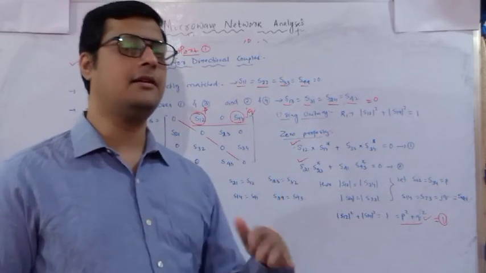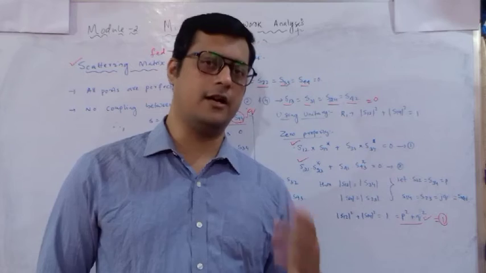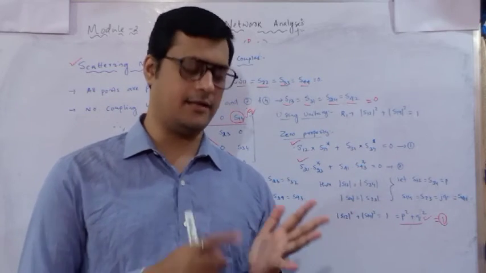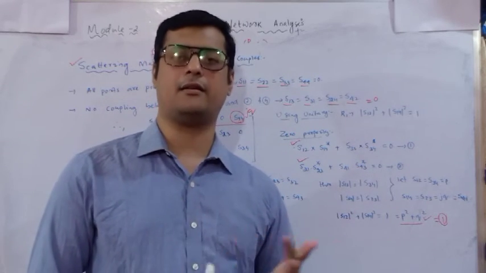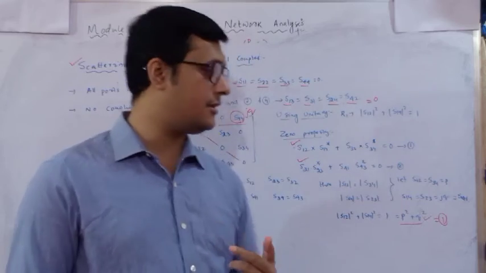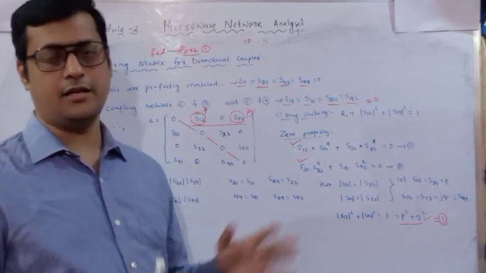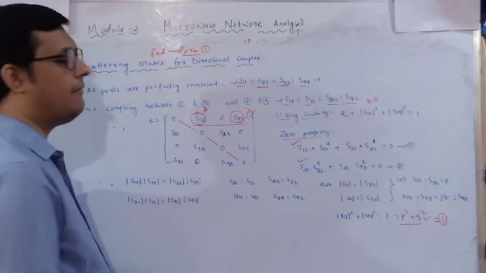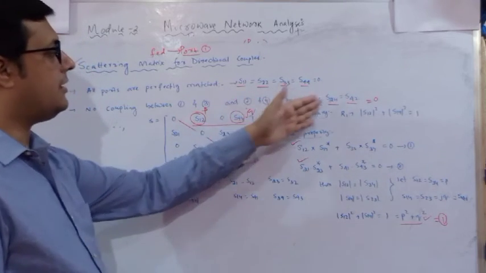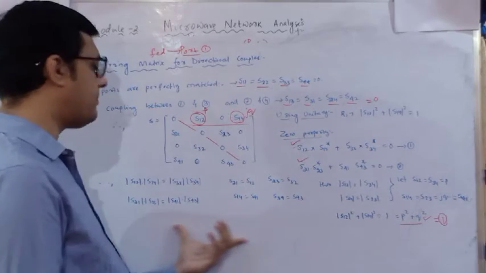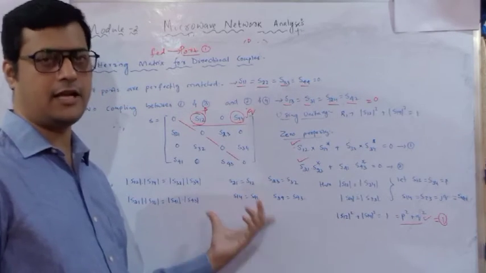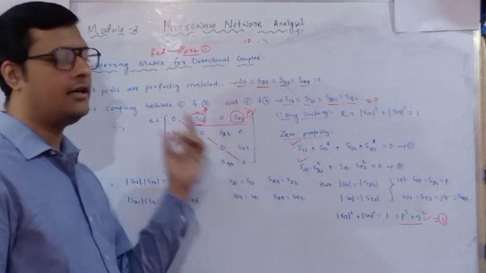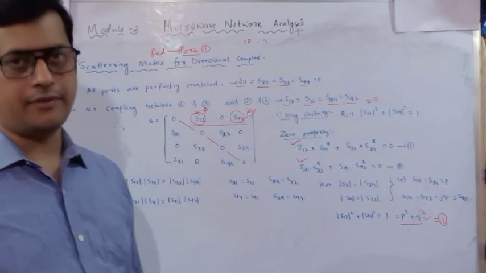The scattering parameters will be given to you, and you have to determine the different parameters like directivity, coupling factor, and isolation factor with respect to the given condition. With the help of this analogy, we can construct the scattering parameters. Whatever condition I have written here, the same thing I have represented with respect to the magnitudes, and with the help of this we can identify the unknown factors.